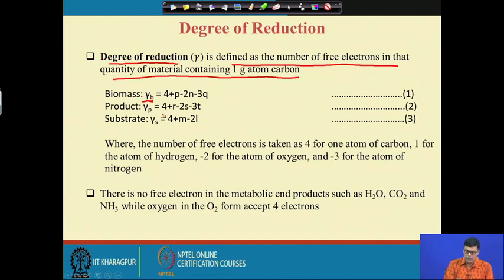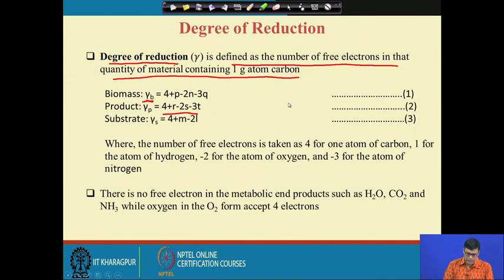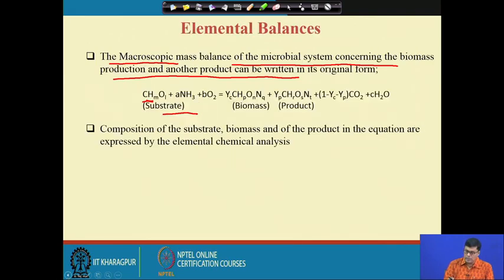Now, similarly we can write the balance in case of product. If you look at the product, the product also has this formula, and this is 4 plus R minus 2S minus 2T.